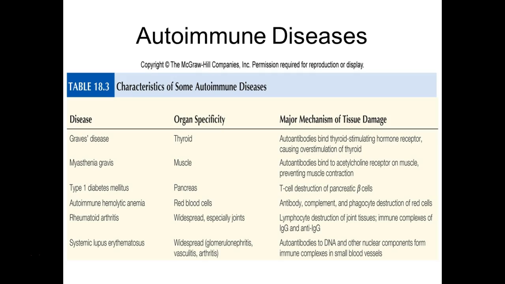So these are some examples of specific as well as widespread autoimmune attack. The one that most people are familiar with is type 1 diabetes. Typically you're born with this, and what happened is that your T cells didn't recognize your beta cells in your pancreas and they destroyed them.